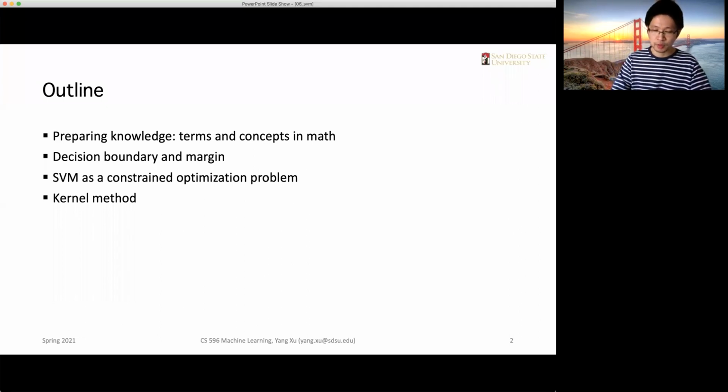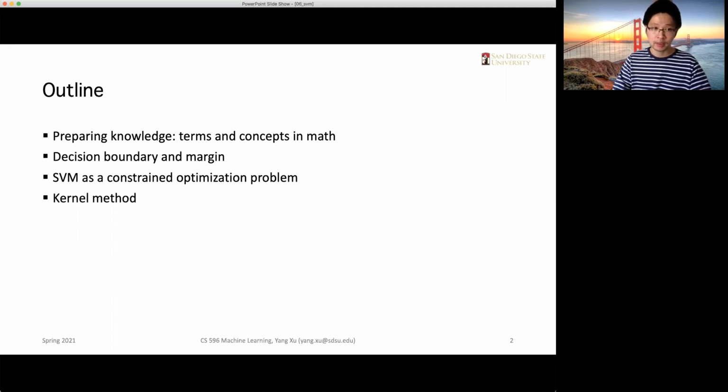We need to know what an optimization problem is, what a typical solution to an optimization problem is, and how, in mathematics, we find the solutions.